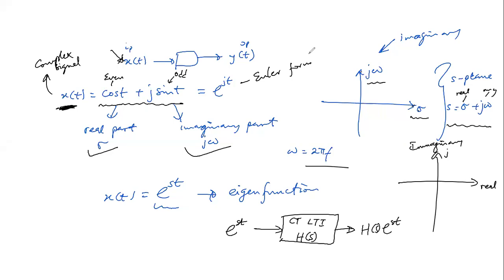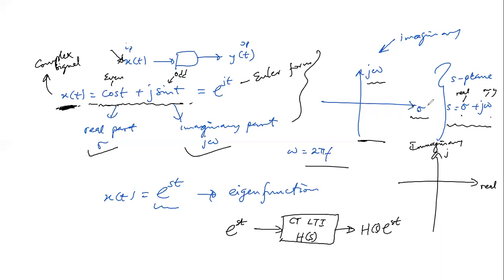Now, this is my time domain, and I already represented this signal in this format. But now that I have moved from this format to the s-plane, I don't want to replace my signal anymore with cos t plus j sin t. I want to replace my signal with the real and imaginary component.